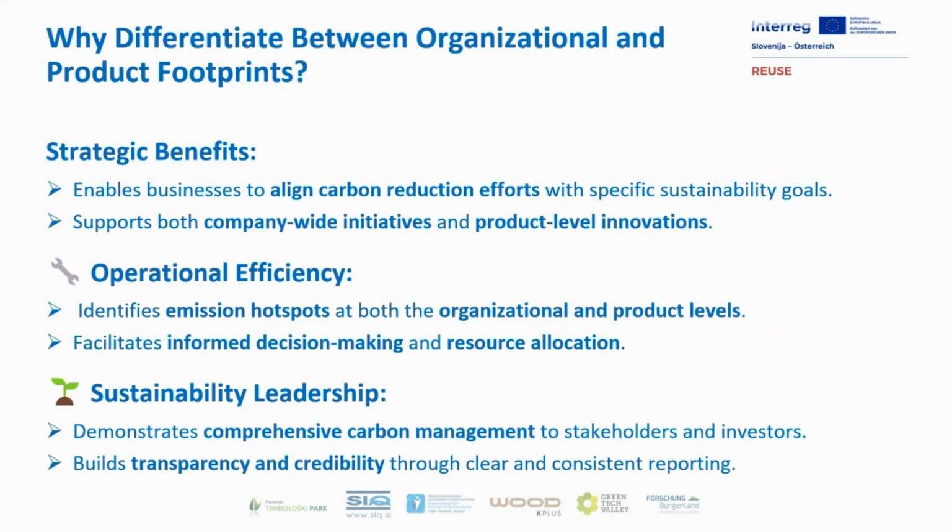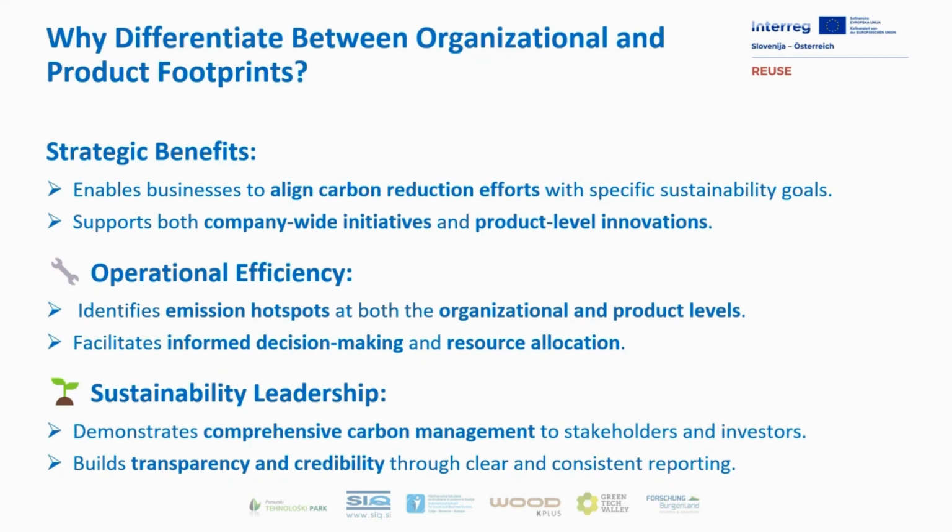So by differentiating between these two types of footprints, businesses can better align their carbon reduction efforts with specific sustainability goals. The organizational footprint helps improve operational efficiency at the company level, while the product footprint provides insight into how to enhance the sustainability of individual products or services.